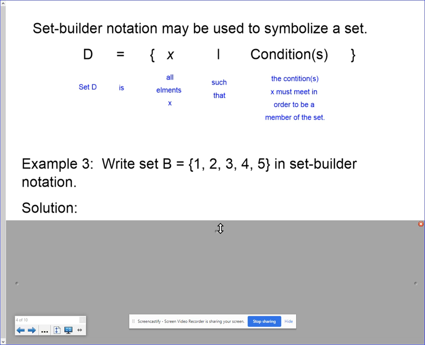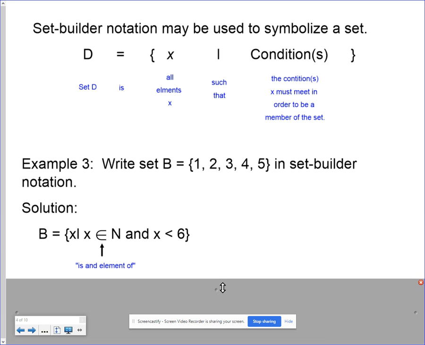So here's how we could write it in set builder notation. We'll write B equals, and then this means set. X, and remember this line here means such that. Such that what? What's such that about X? Well, X, and then this new symbol here means is an element of.